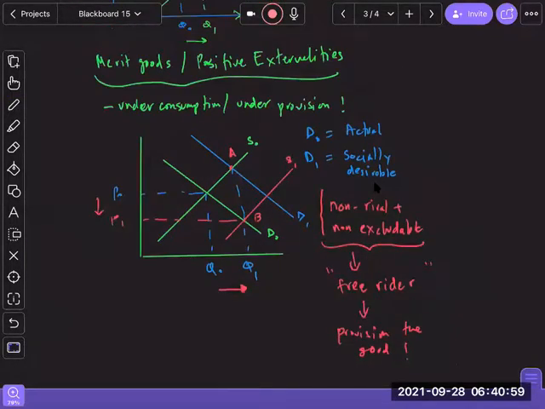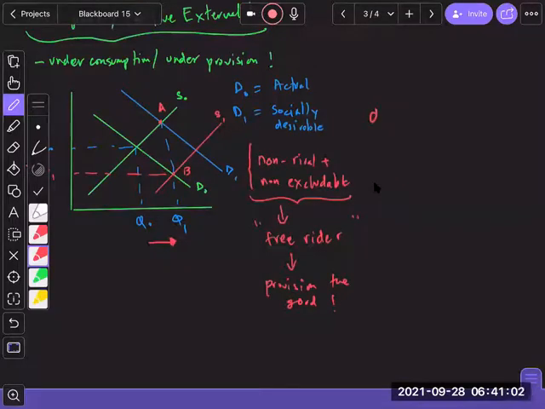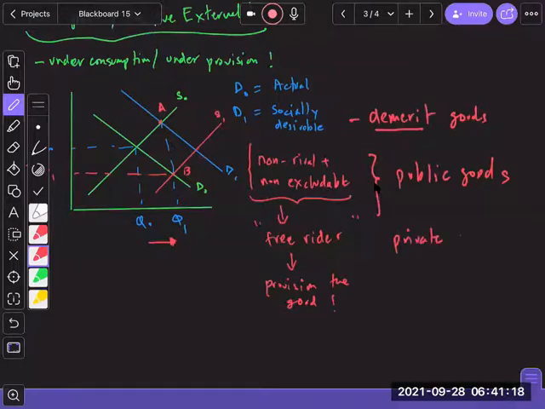So number one, you can't give it to demerit goods. Number two, you can't even give it to public goods, because the question is saying, you can give it to private goods which are merit or are even necessities.